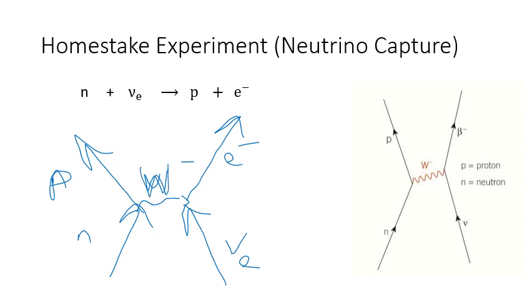There's this diagram over here. The only problem is it uses the beta symbol there instead of an electron. So the neutrino captured by the neutron turns into a proton and emits an electron, and the W minus is the exchange particle. Just check that it works. Neutron incoming, positive proton outgoing. So the only way that works is if it also spits out a negative particle, and therefore that must be a W minus. Yep, that works.